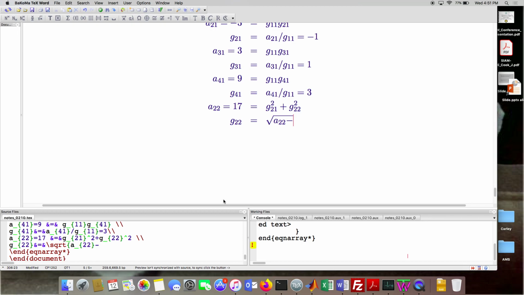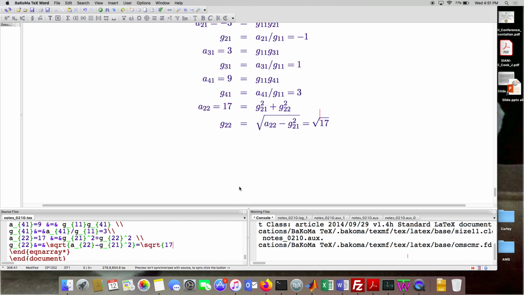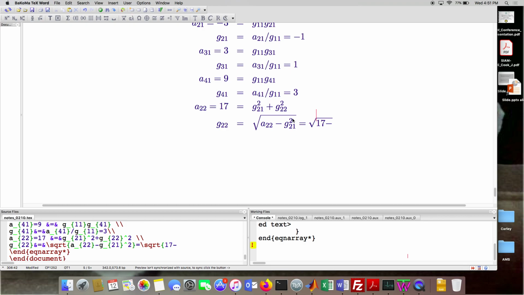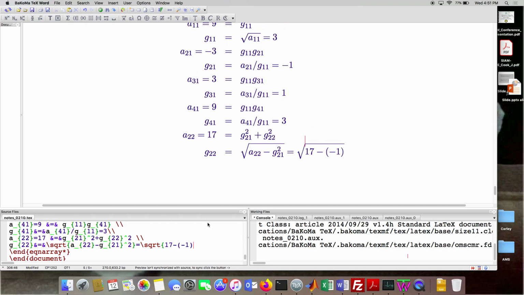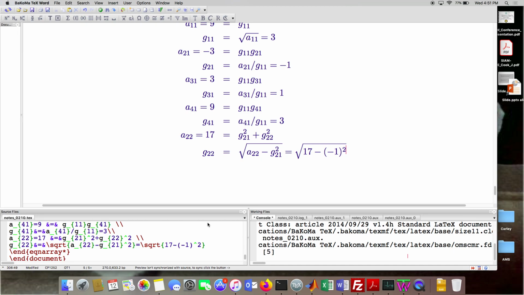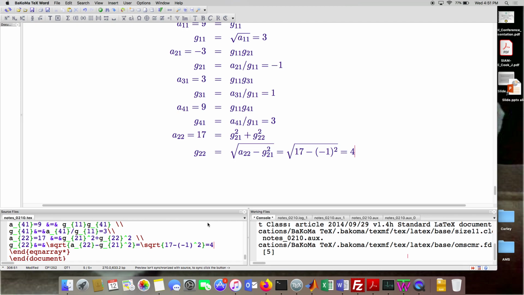So minus G21 squared. So that's going to be 17 minus, so G21 was equal to minus 1. So we get 17 minus 1, 16, so we get 4. Again, take a positive square root.